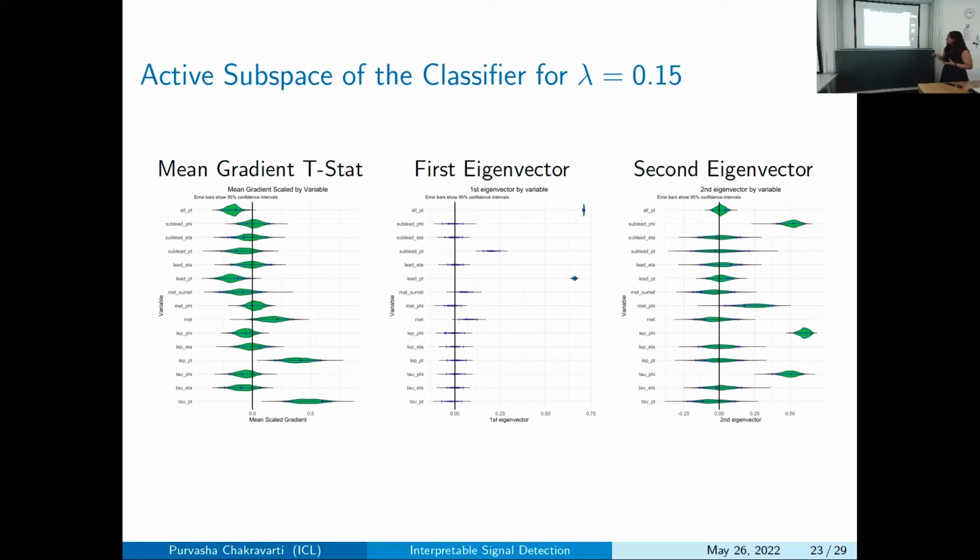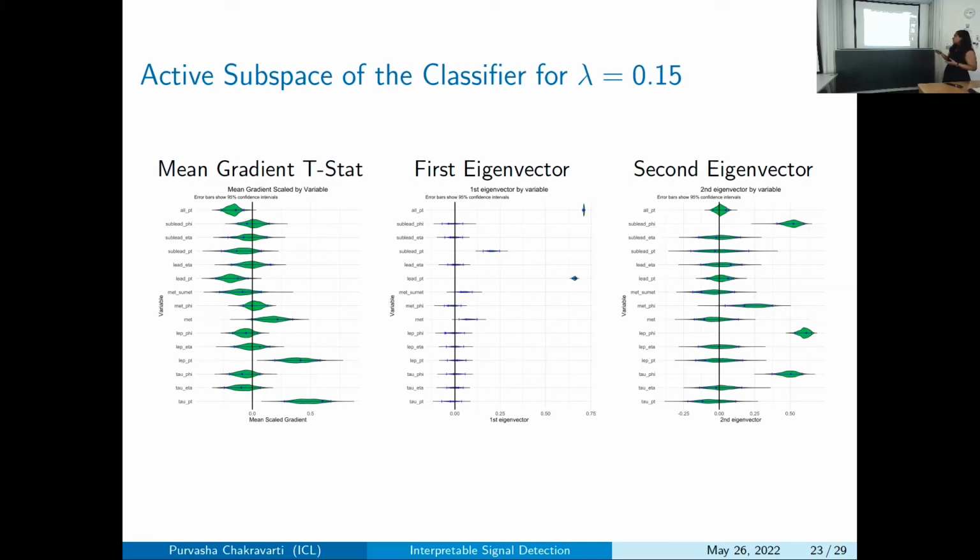I know you can't see the variable names from here, but all four of these variables are phi variables, which is like this angle. So it actually makes sense to physicists. This is actually finding something useful. And these three, if you look here, are momentum variables. Again, that makes sense. In the case of Higgs boson, this is giving useful information as to how Higgs boson is different from the rest of the data.